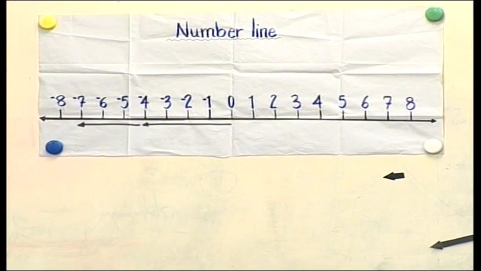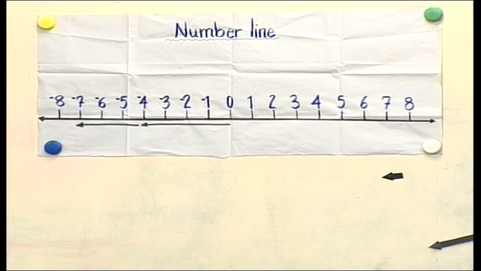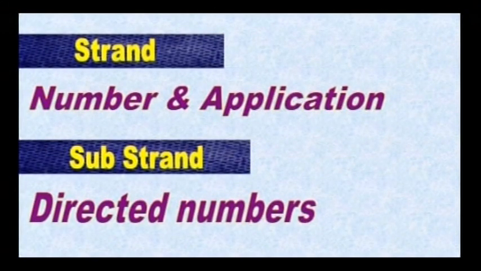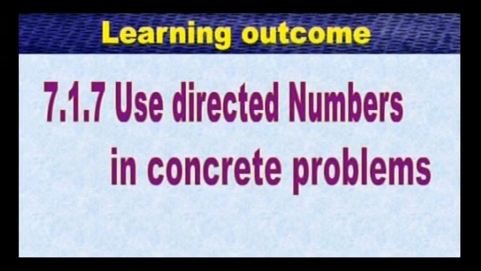Now, students, we will go to today's lesson. The strand for today's lesson is number and application. Substrand, directed numbers. Learning outcome 7.1.7, using directed numbers in concrete problems.